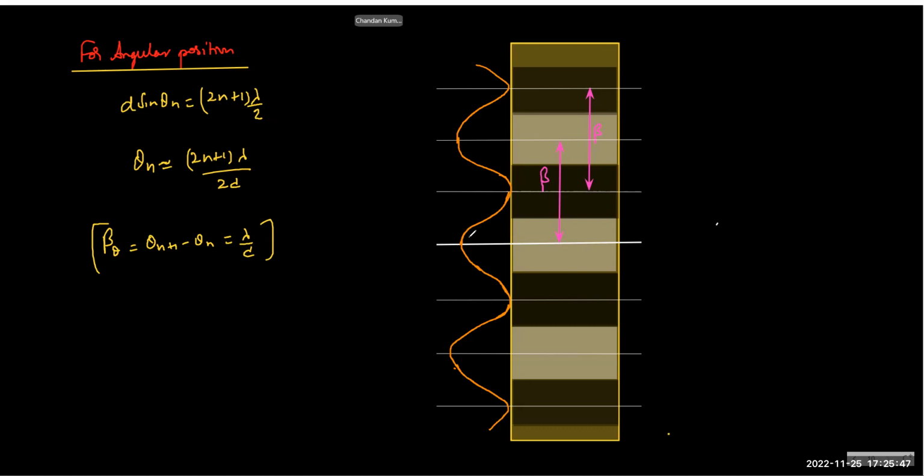So there is a continuous fall and rise of the maxima. Okay, this is the fall and rise.